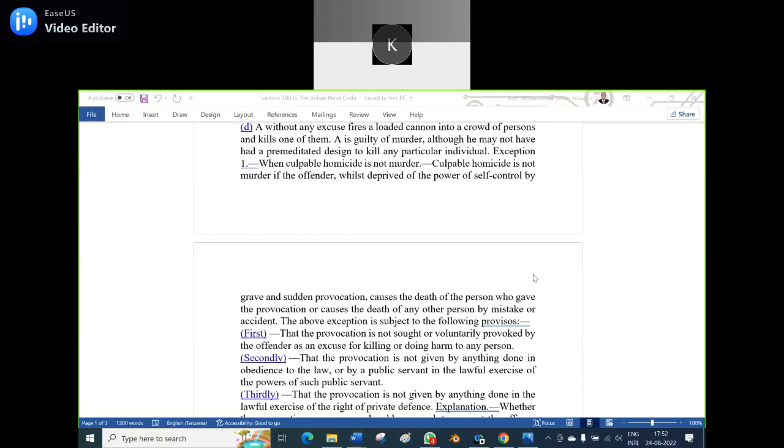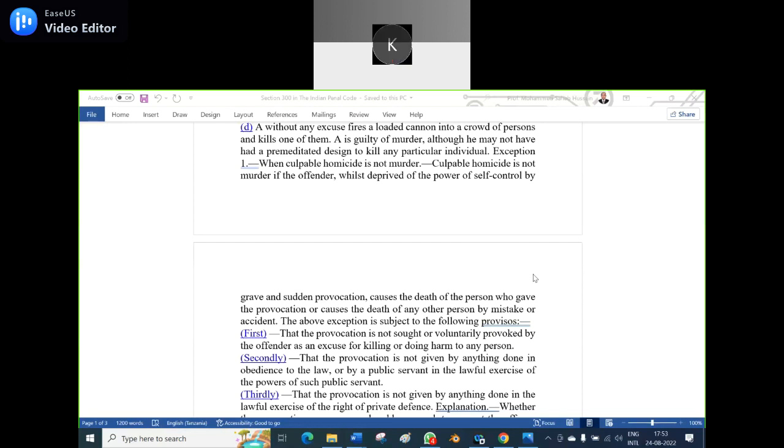And there is a very famous case law, and I have repeated it several times: K.M. Nanavati versus State of Maharashtra, sir. Is it Maharashtra or Bombay? Maharashtra, sir, State of Maharashtra. He is a naval officer who killed the paramour of his wife.